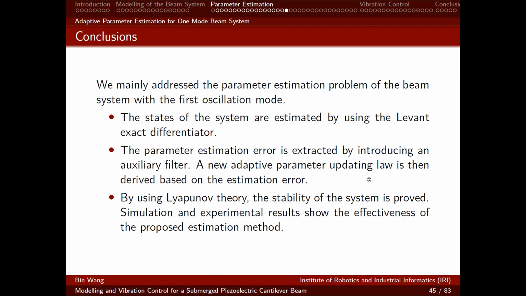A new adaptive updating law is derived based on the estimation error. By using the Lyapunov theory, the stability of the system is proved. Simulation results and experiment results show the effectiveness of the proposed estimation method.